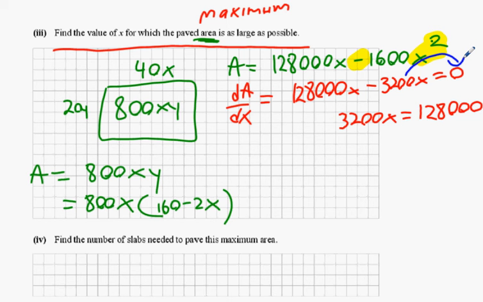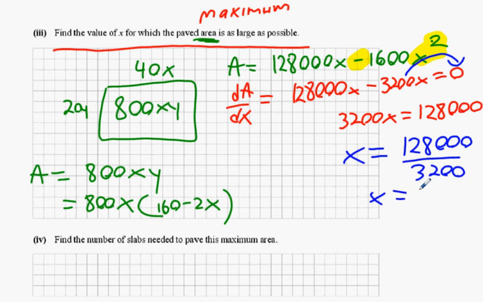You bring that over to your side. 3,200x equals 128,000. Same thing. Divide by 3,200. And what do we get? x equals 40. Okay.